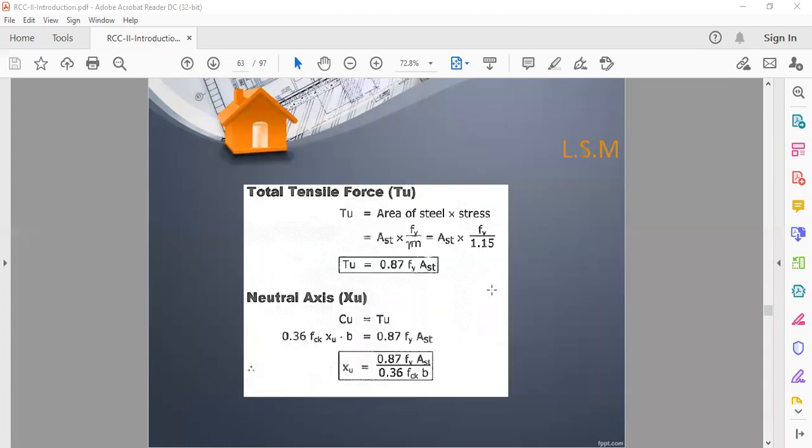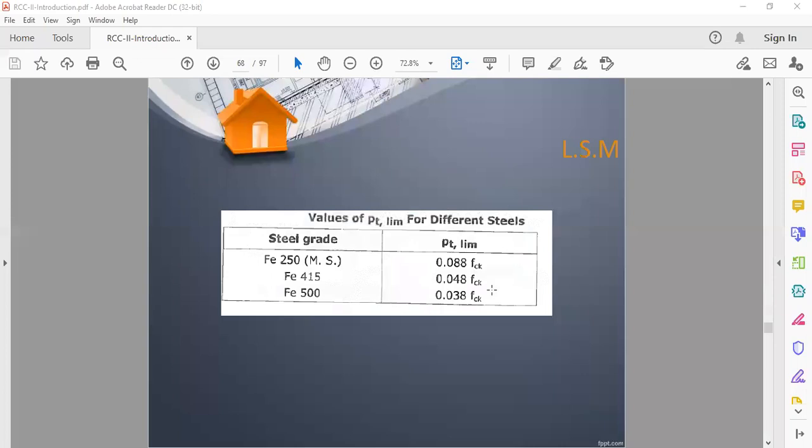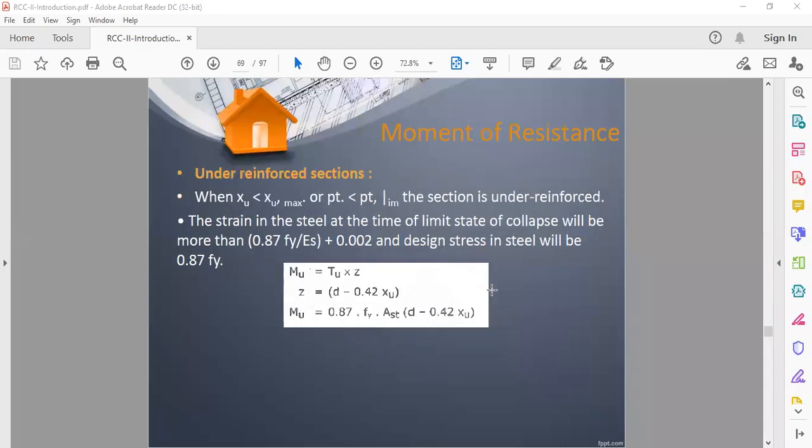Based on this, you can calculate the moment of resistance. What you should remember is this formula, and anyway this formula is also available when we go through the IS code.